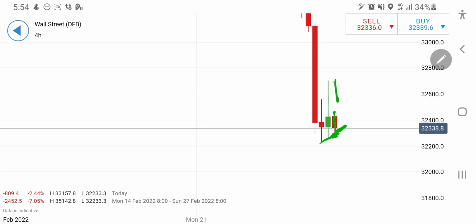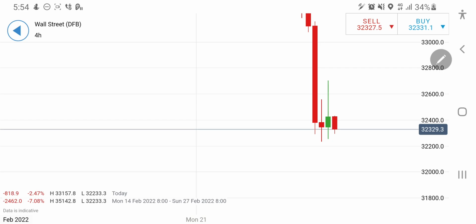This time again it might try to go back towards 32,700 and 32,800 levels, or 32,750 levels. Remember, it can rise till those levels if it continues to trade above 32,450 or 32,500 levels. So if you see it trading above 32,500, you can take a long entry. You can expect 32,600, 32,700, and then 32,780 levels on US30.